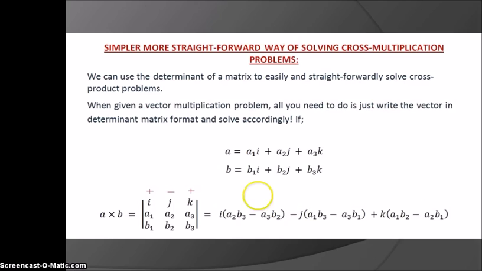So the simpler, more straightforward way of solving cross multiplication problems is that we use determinants of a matrix to easily and straightforwardly solve cross product problems.